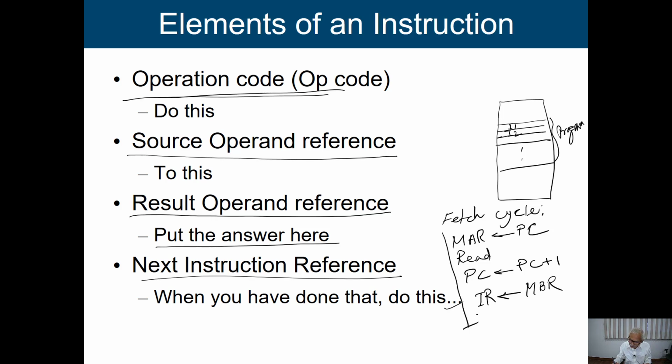Once we get the instruction, depending on its code, the processor performs the operation. These are the elements of an instruction, and in most cases this is implicit, but some instructions, the control transfer instructions, have to give this information also: where from we have to bring the next instruction.